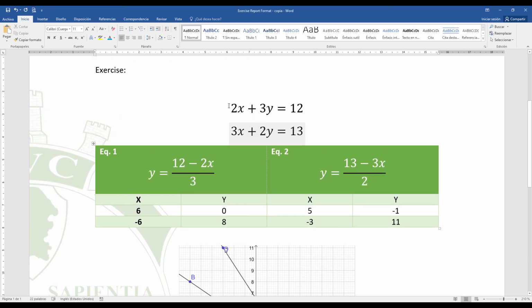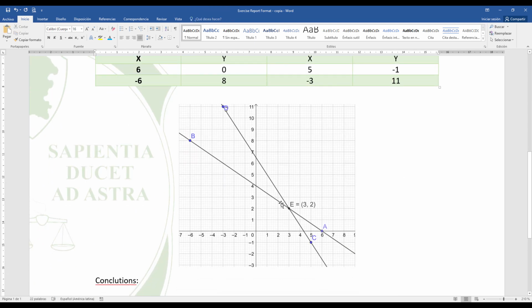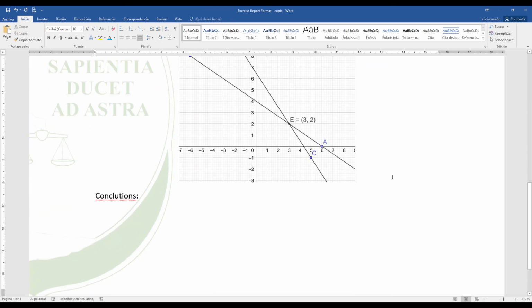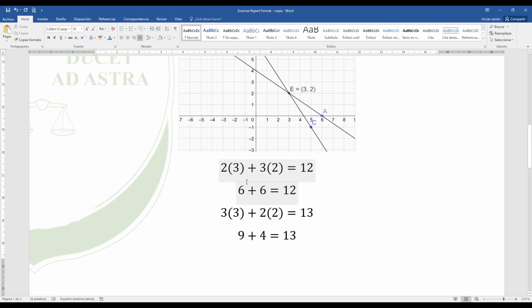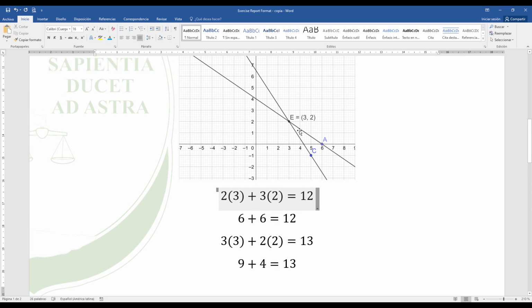Finally, you need to prove that the values you got are correct. Here x is 3 and y is 2, and here also 3 and 2. So you need to replace the values that you got.